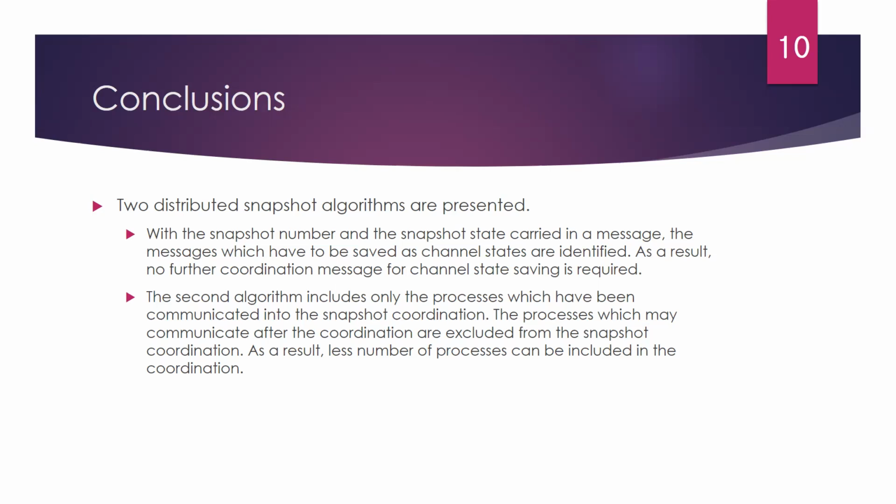The second one forces only the communication-related processes to participate in the coordination and also excludes the processes which communicate during the coordination. So the number of processes participating in the coordination and also the height of the spanning tree can be reduced. Thank you for your attention.